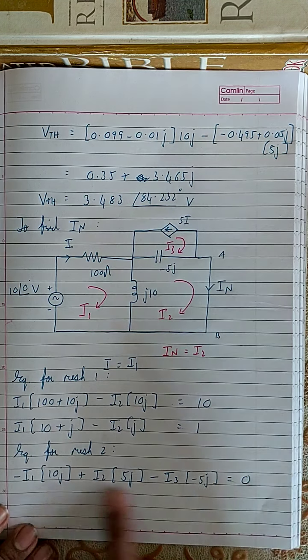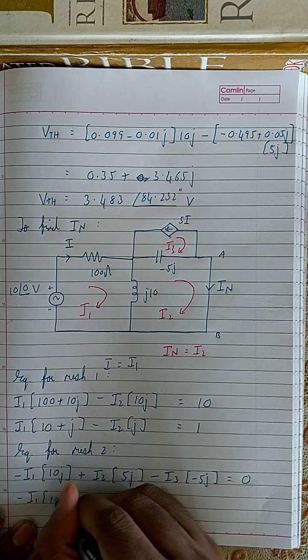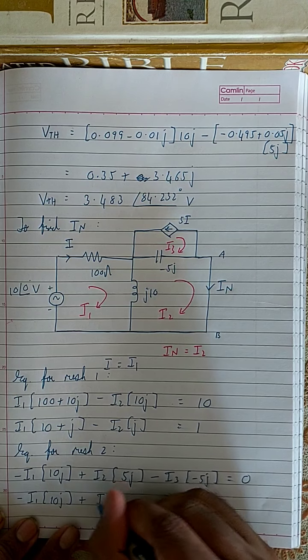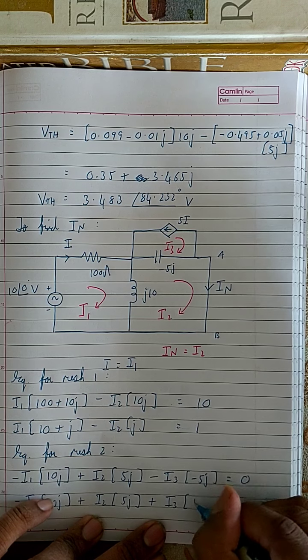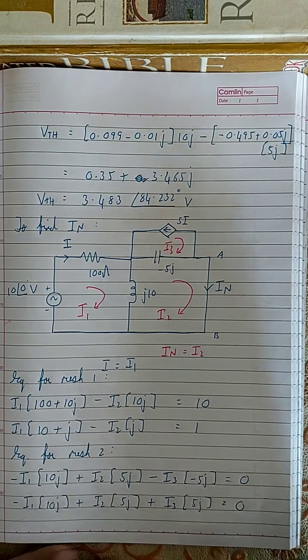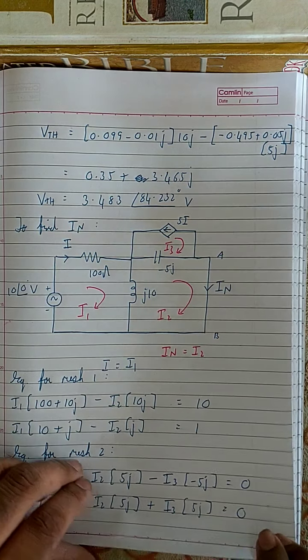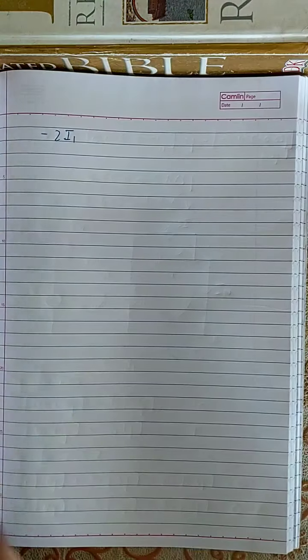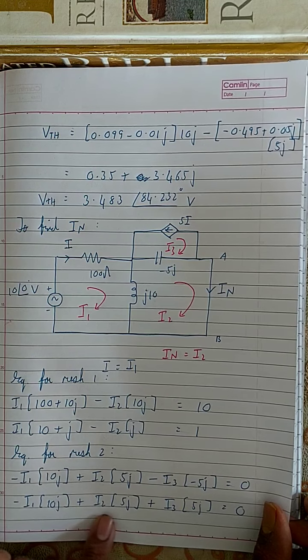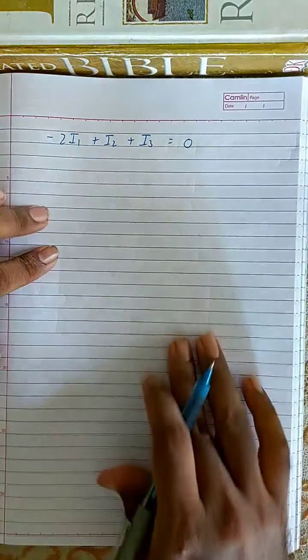So it becomes minus 2I1 plus I2 plus I3 is equal to 0.